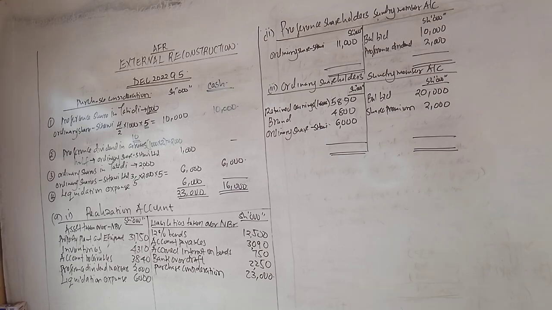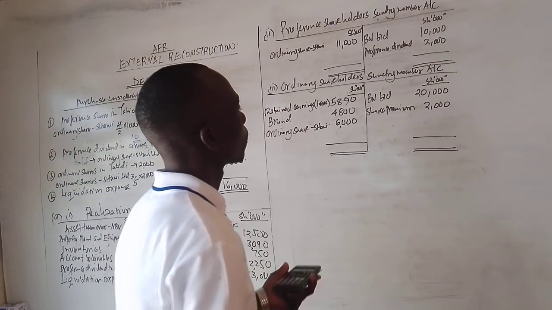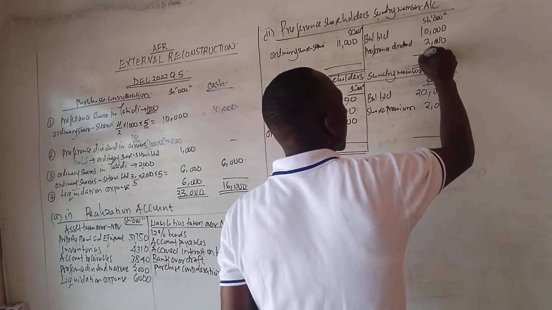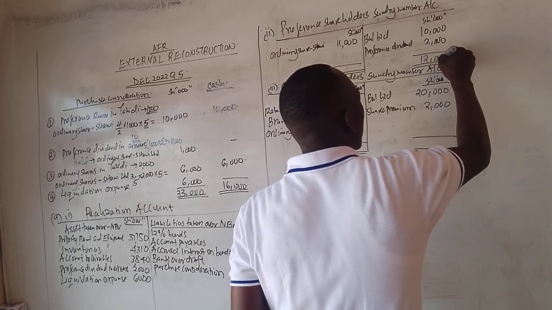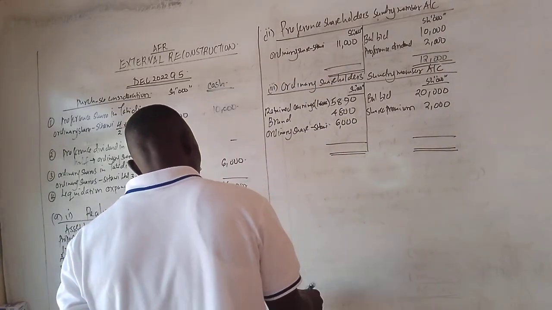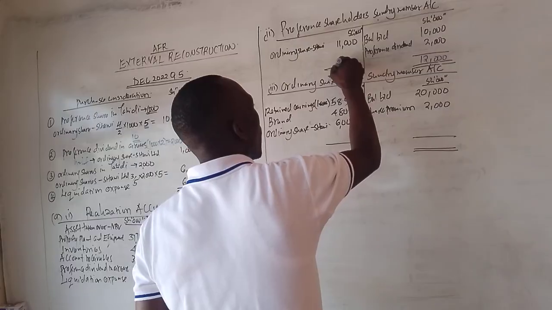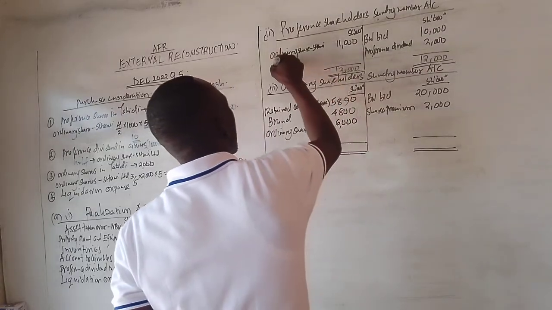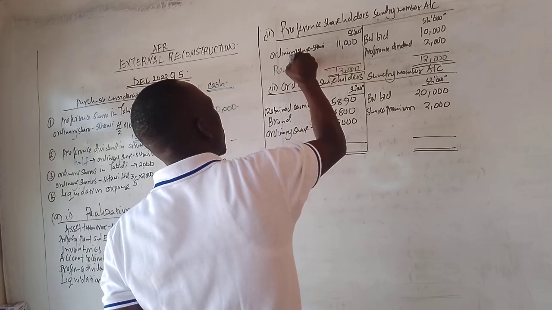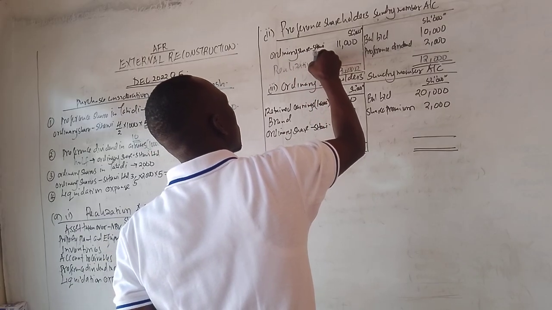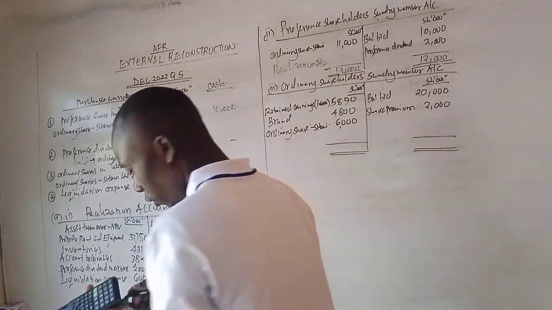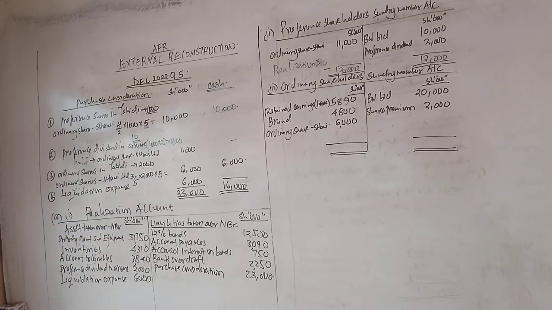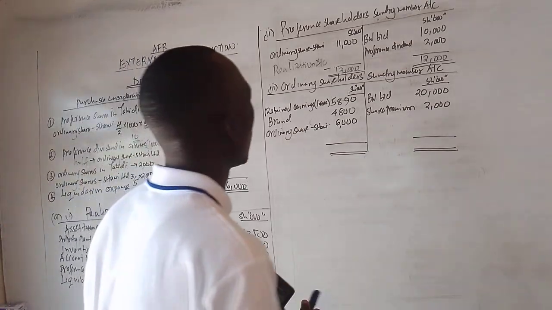This is giving us a total of 12,000. So how much is going to the realization account?